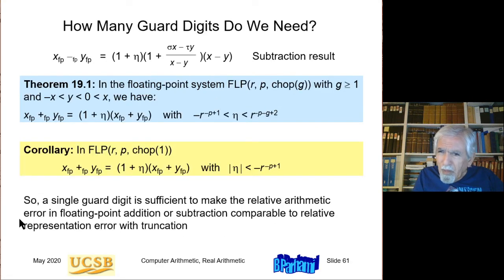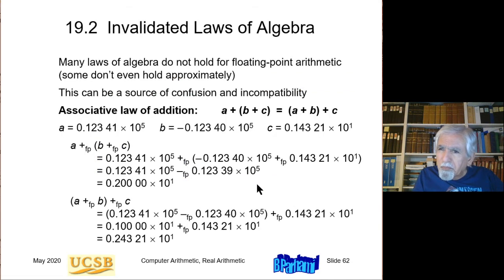But with one guard digit, I'm guaranteed to have a good bound on the relative error resulting from the arithmetic operation. Of course, if I keep more guard digits, the error will be less, but one guard digit is all I need to have a reasonable error bound.